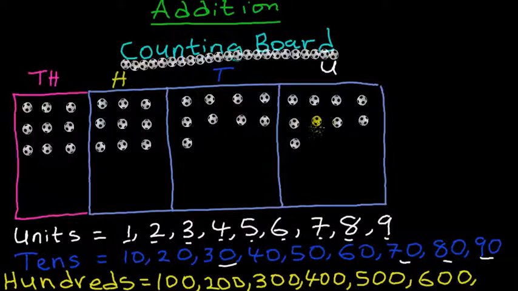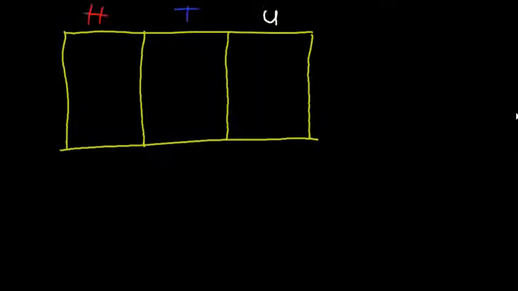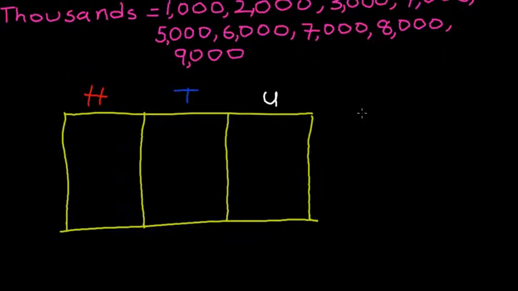The unit column can only contain 9 balls. So what happens if we are to have additions like 6 plus 6? If we are to add this 6 plus 6 in the unit column, what happens? Let's add the first 6 balls: 1, 2, 3, 4, 5, and 6.